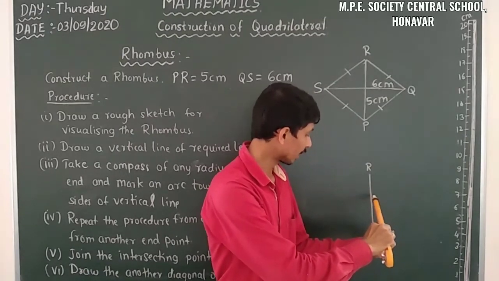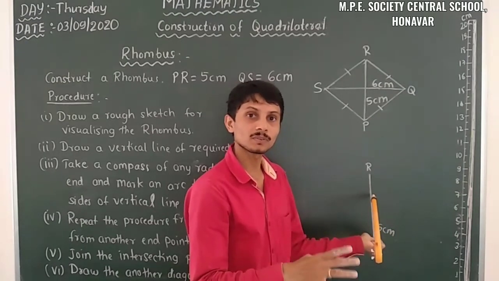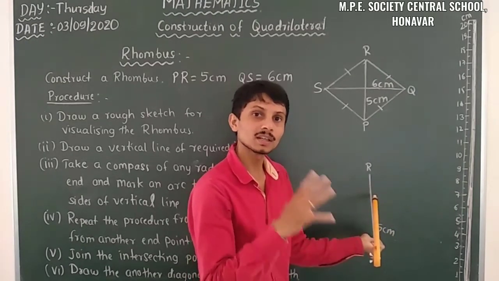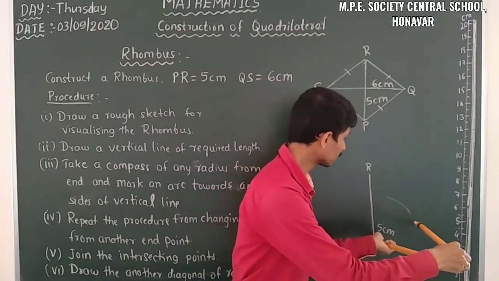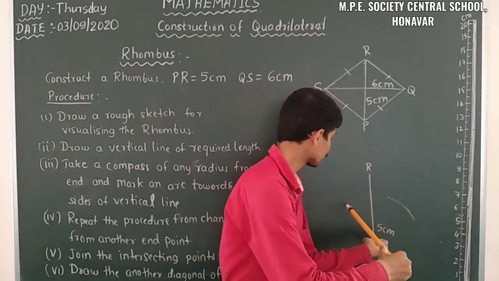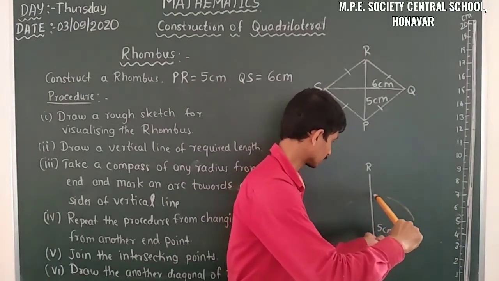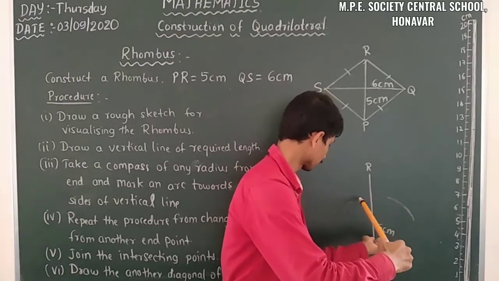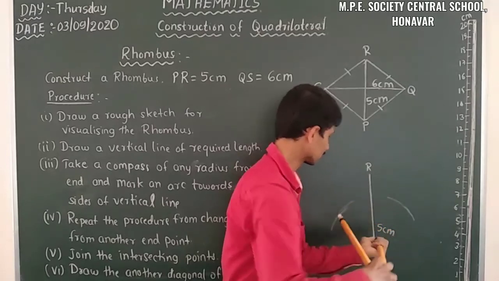So we have to mark an arc on this side also, and on this side also, like this.